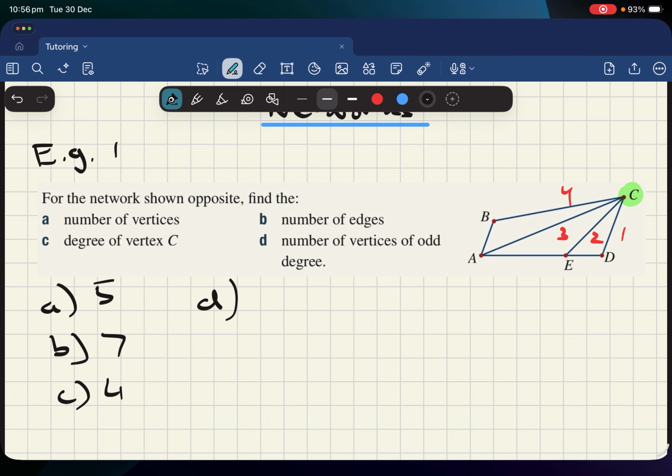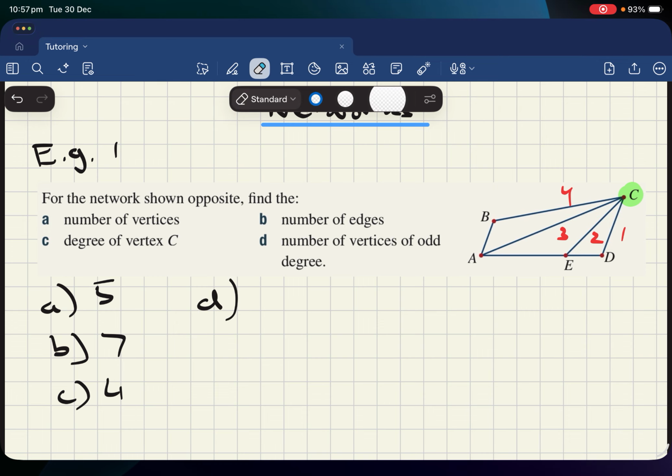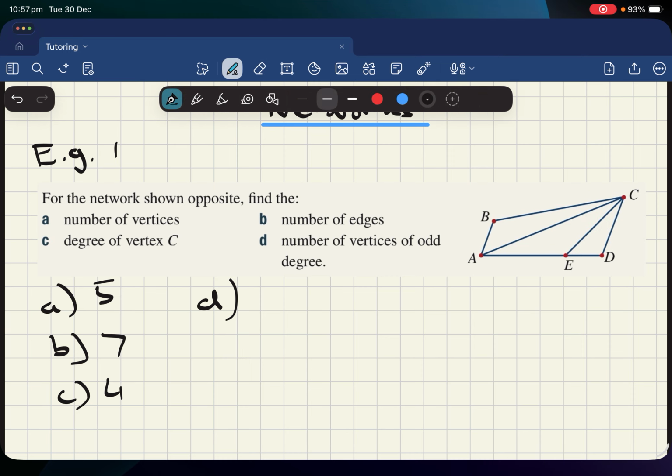And part D is asking us to find the number of vertices of odd degree. Now we can see that vertex C has an even degree, a degree of 4. So we're just going to look at all of these different ones and see which ones have an odd degree. If we look at B here, it connects to 1 and 2. So that's not a vertex of odd degree.